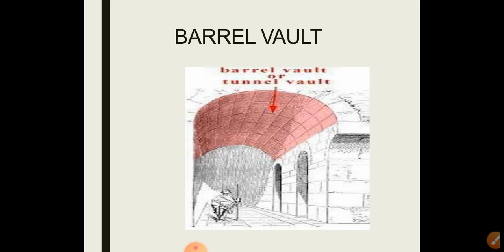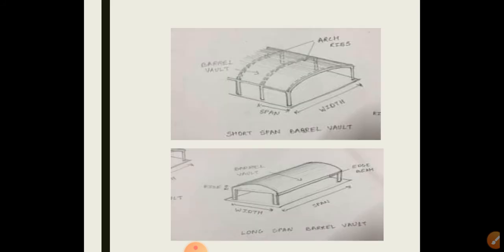This type of vault is also called a tunnel vault. It is circular in shape and it can be semicircular in appearance. A series of arches placed side by side is known as a barrel roof. It is the simplest form and it is best for roofing purposes.